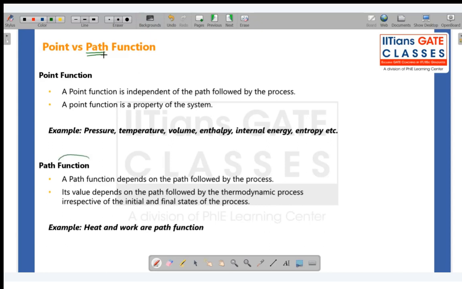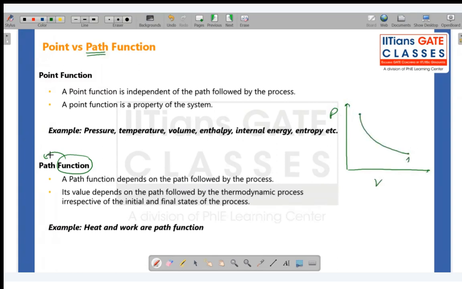What does path function mean? It is a function that depends on path, in simple words. If we have a function that depends on path, it is called a path function. For example, I have a PV diagram.